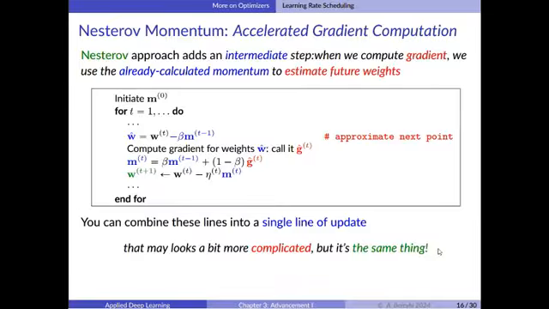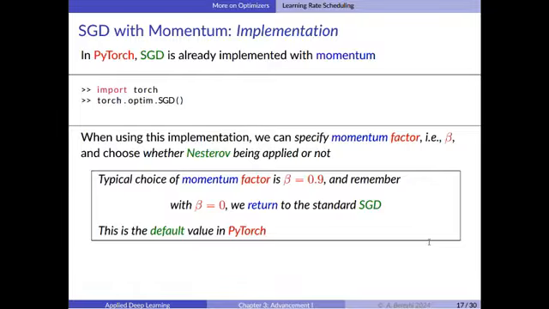And yes, okay, you can see the PyTorch implementation of momentum. When we want to use SGD, we can say torch.optim.SGD, and when we want to implement momentum, we only specify the beta factor, and also we can say whether we want Nesterov to be applied with our momentum or not.